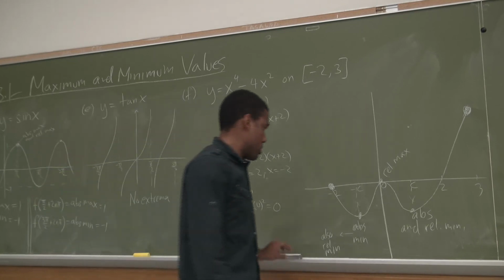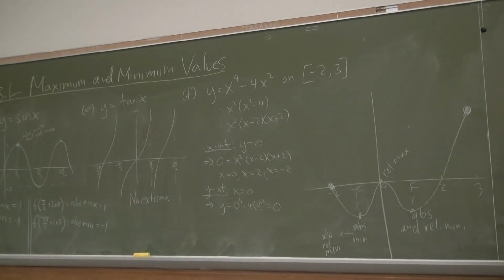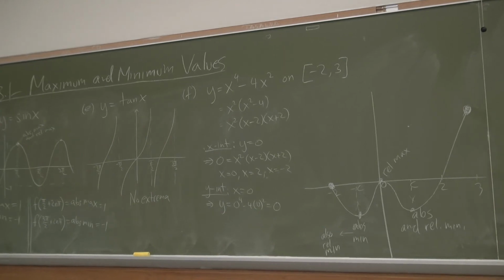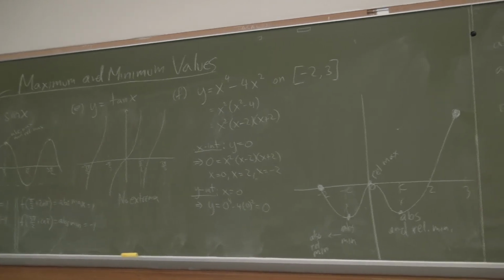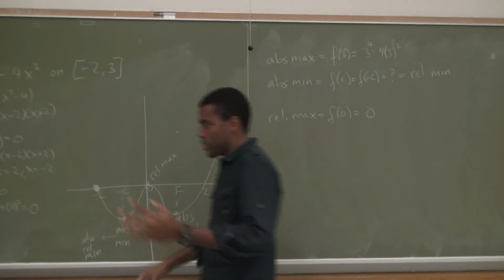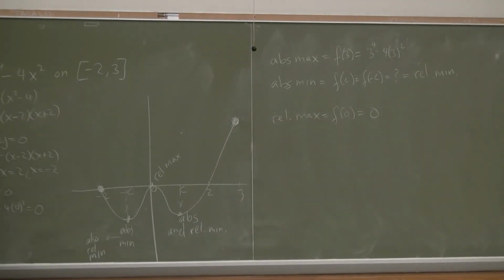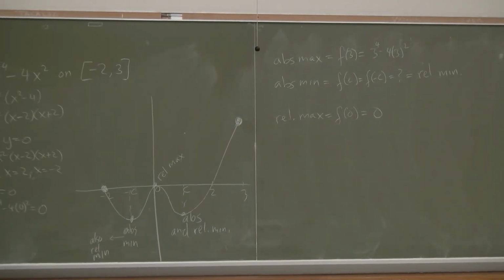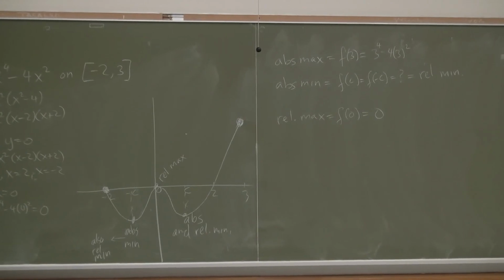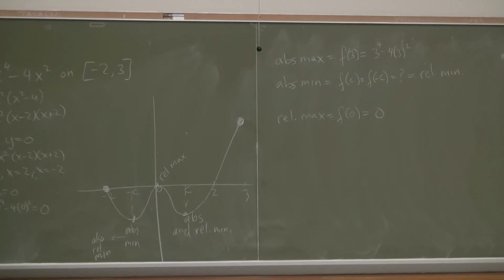But yeah, we'll stop right here. So we're going to think about this idea of absolute max and relative max, and be sure that you can graph things and identify them on the graph. We're going to get really specific on how to find them later on.